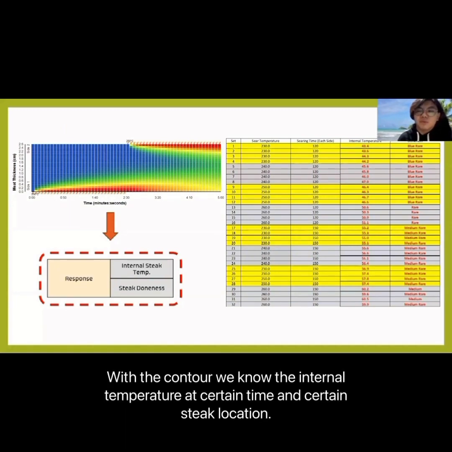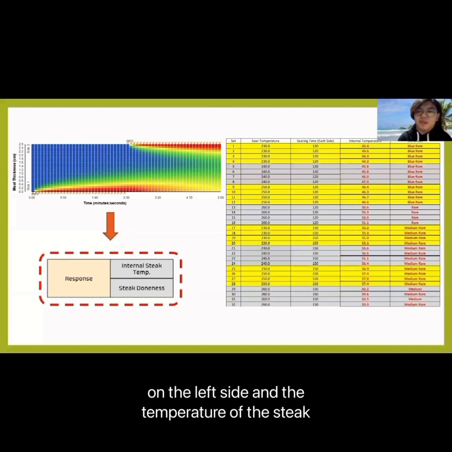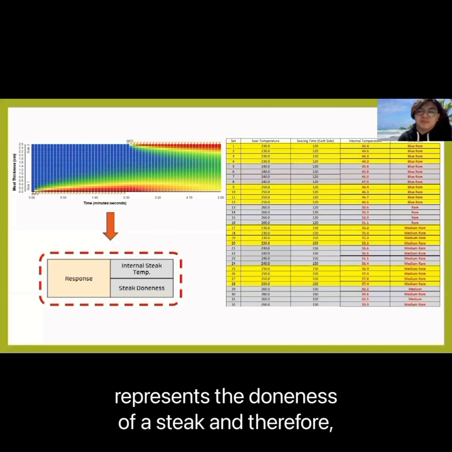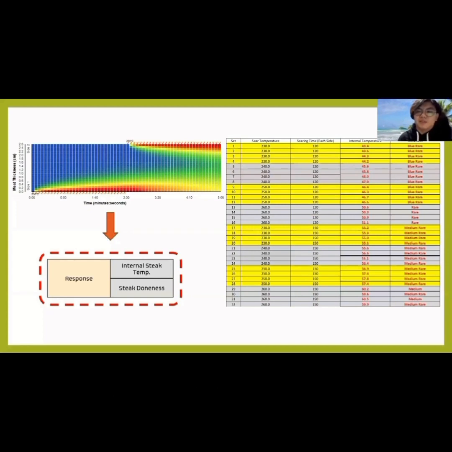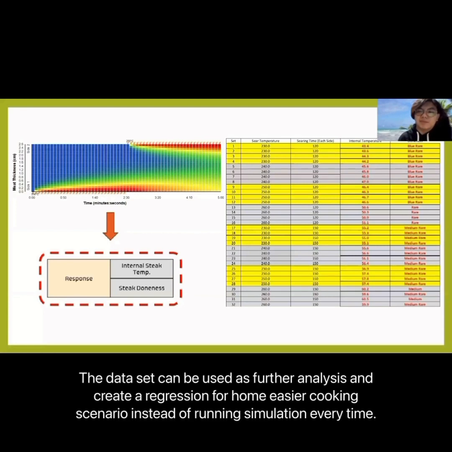With the contour, we know that the internal temperature at certain time and certain steak location is shown in the contour on the left-hand side, and the temperature of the steak represents the doneness of a steak, and therefore the response and output can be obtained, and the data set can be used for further analysis to create a regression for an easier home cooking scenario instead of running the simulation every time.